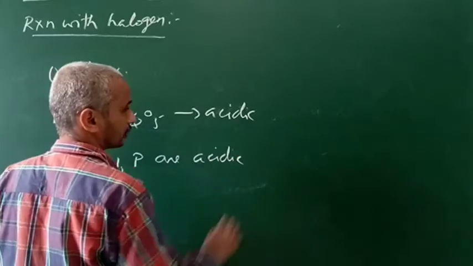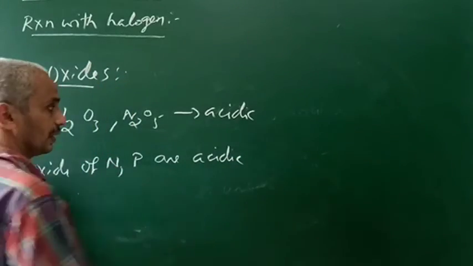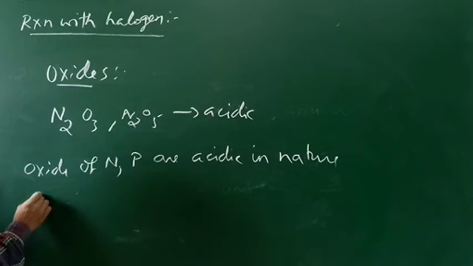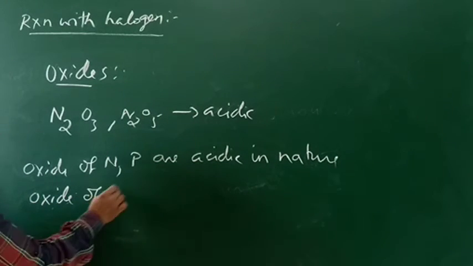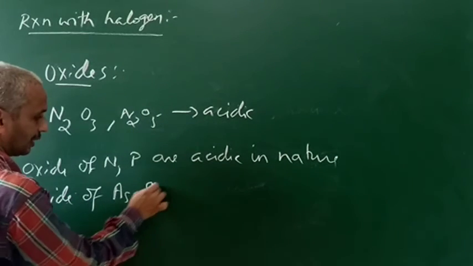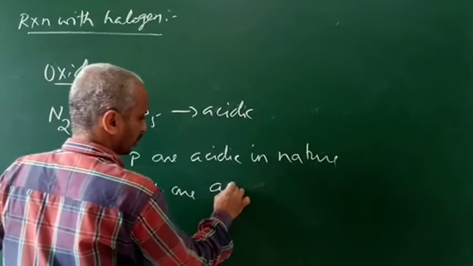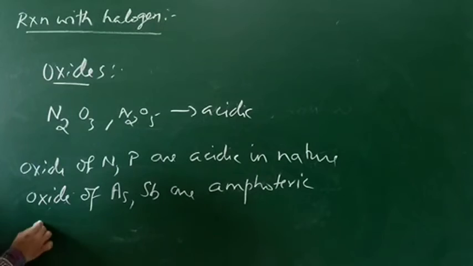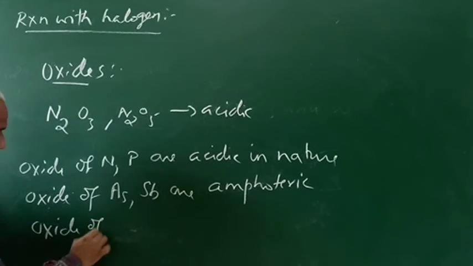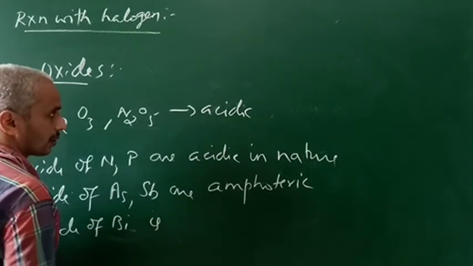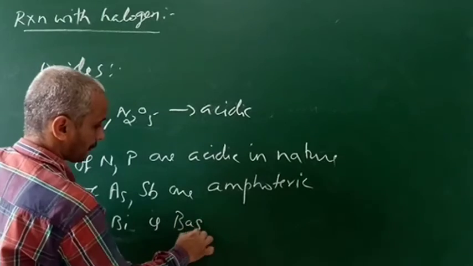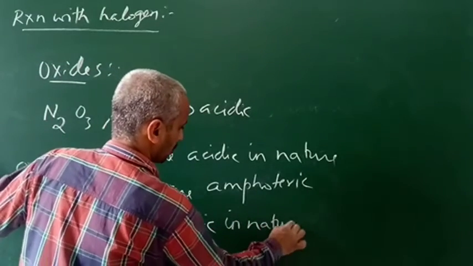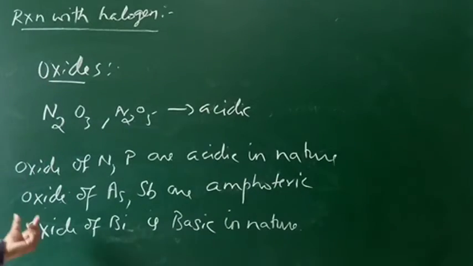I forgot to mention this previously. Oxides of arsenic and antimony are amphoteric in nature, and oxide of bismuth is basic in nature because it is a metal oxide. Note this down properly.